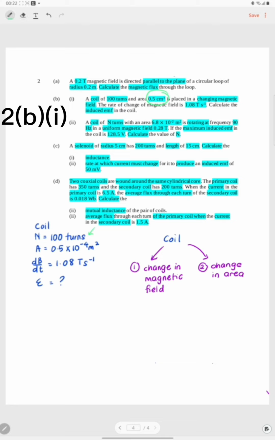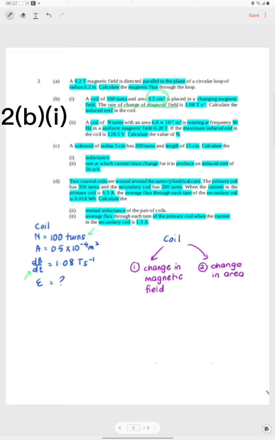The rate of change of magnetic field is 1.08 Tesla per second. To express this mathematically, we write it as dB over dt. The question asks us to determine the induced EMF.